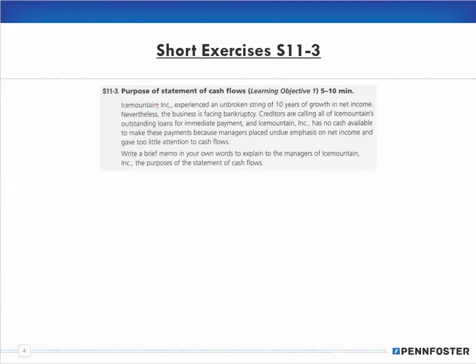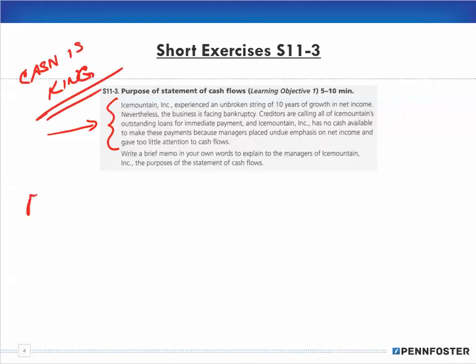Right? Before I read that next part, if you went back and watched the theory videos, the very first one, I said cash is king, right? Without cash flowing through the business, okay? You can have cash in your bank account, say, but if you don't have additional cash coming in, you're dead in the water.